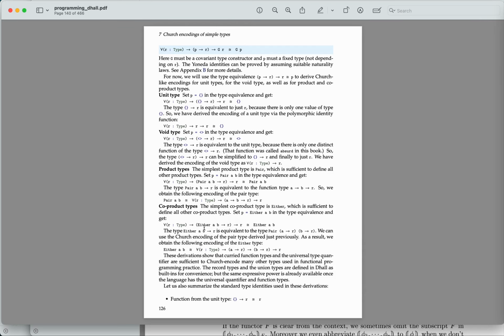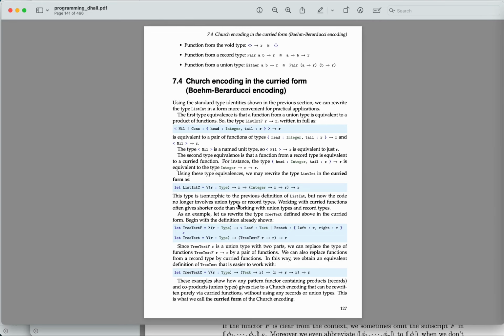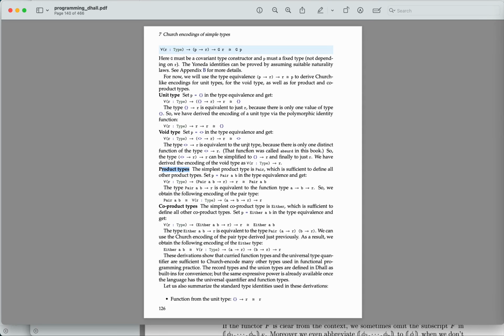So you can encode void type, unit types, product types, using just functions, and you can encode recursive types and you can encode existential types. So what you need is functions and you need the universal quantifier.